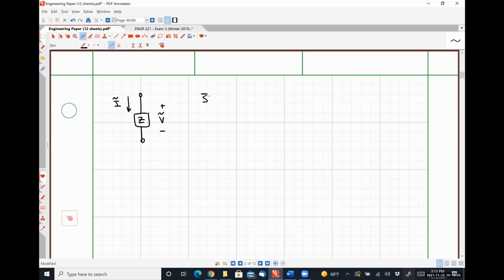I have told you guys that the complex power S is V RMS phasor times I RMS phasor conjugate. And this looks like V RMS with an angle of theta V multiplied by I RMS with an angle of negative theta I, right?